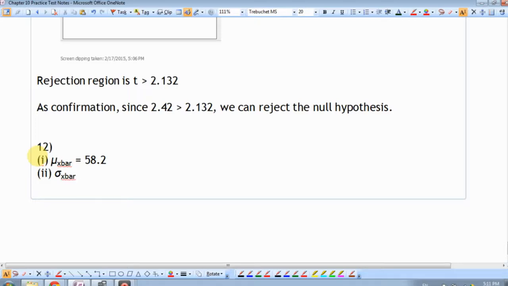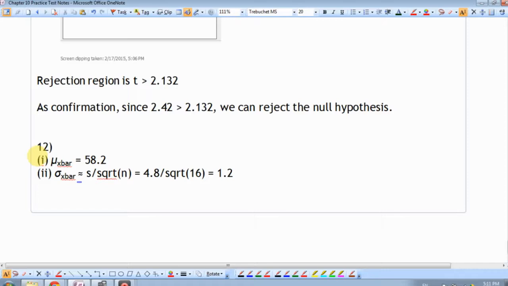Nope. So it's approximately equal to S over the square root of n, which is equal to 4.8 divided by the square root of 4, which is 1.2. We don't really have to do part 3.